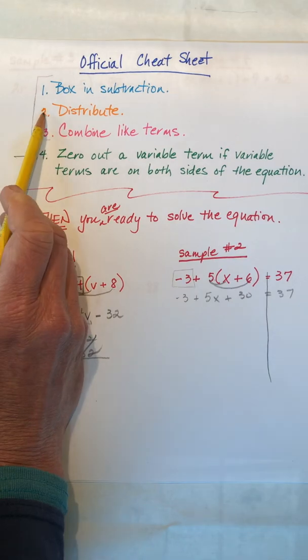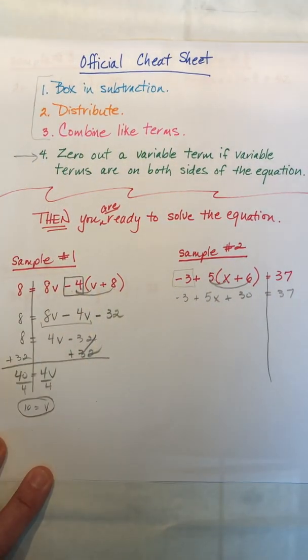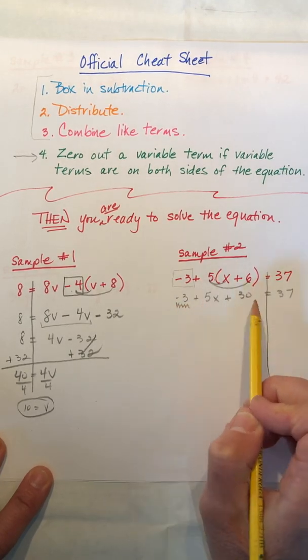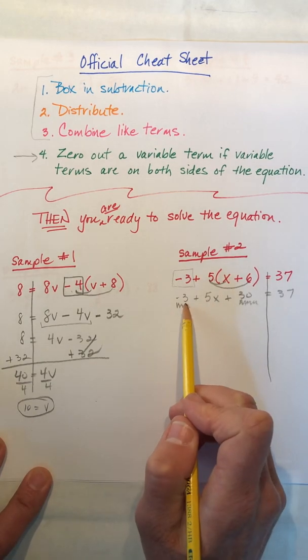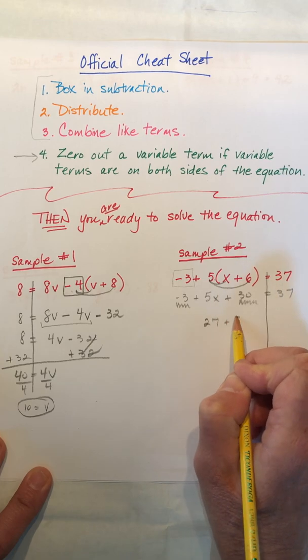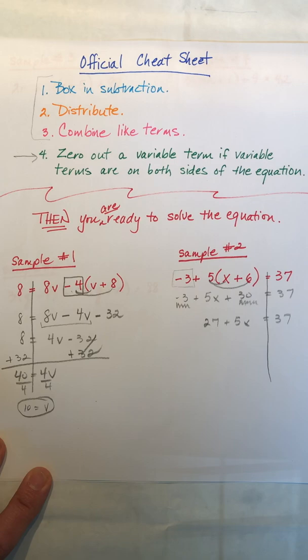Okay, I did my distributing and I'm ready to combine like terms. Let's see, the negative 3 and the 30 can combine. Negative 3 plus 30 is 27 plus 5x equals 37. And now I'm ready to solve.